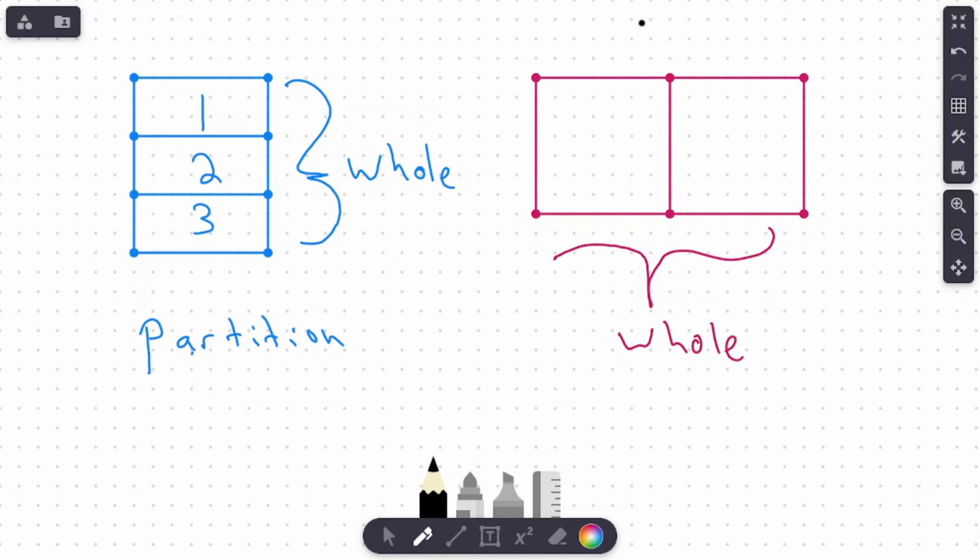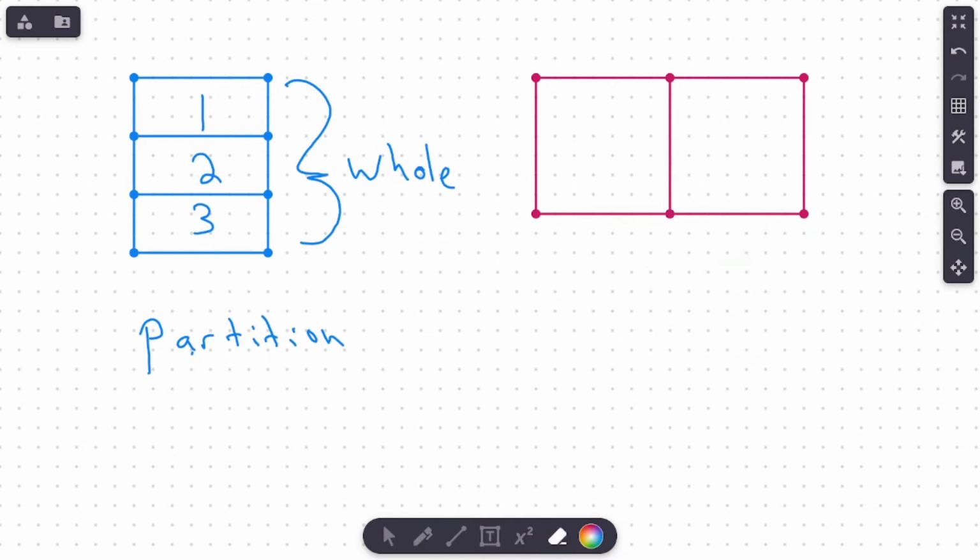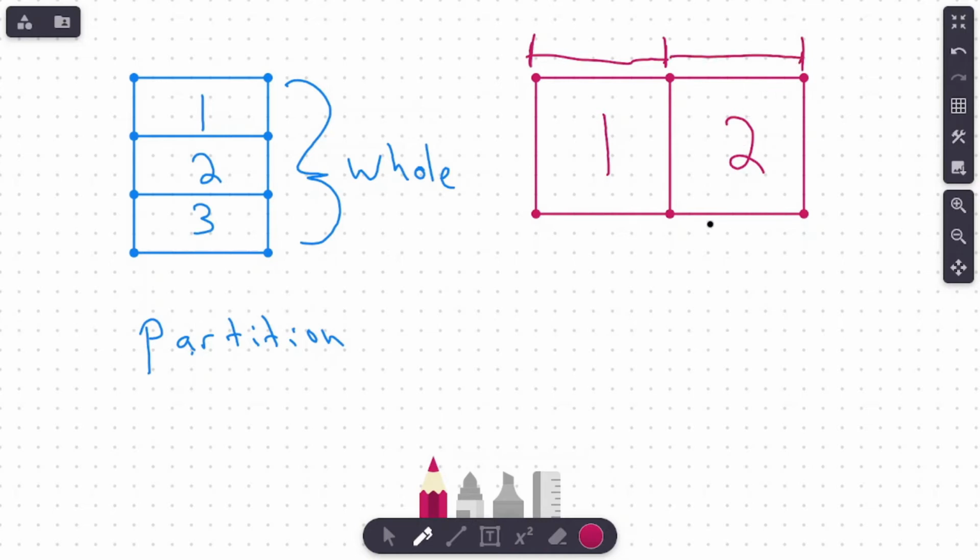All right, this is one whole. Now, how many sections have we divided this whole into? We've got 1 section, 2 sections, and notice, are they equal? Are their sizes equal? Is this size piece the same as this size? Yes, they are. All right, and that's really important.